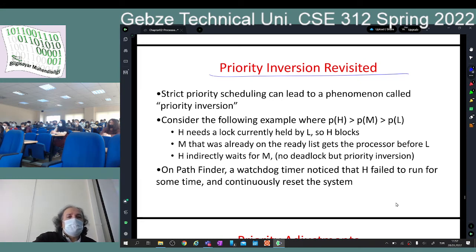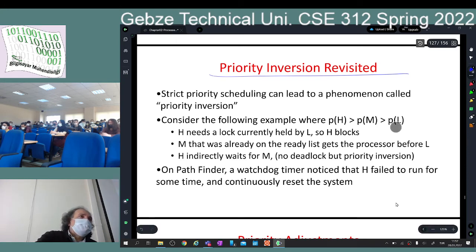Let's say I have three processes, H, M, and L. The priority of H is higher than the priority of M, which is higher than the priority of L. Let's look at the scenario. H needs a lock currently held by L, so H blocks.